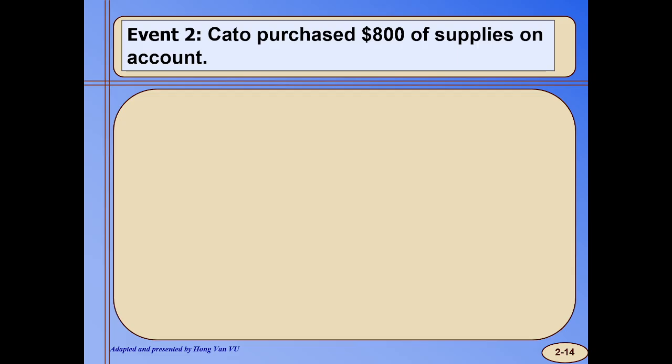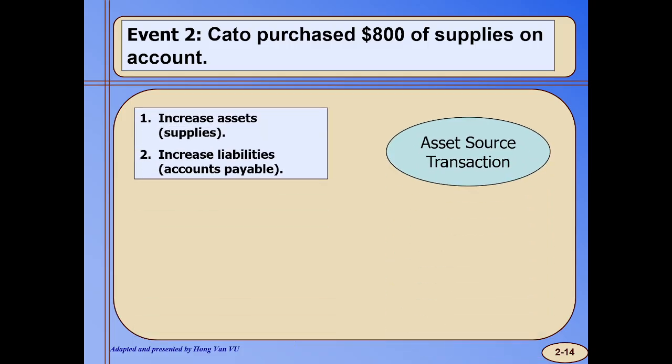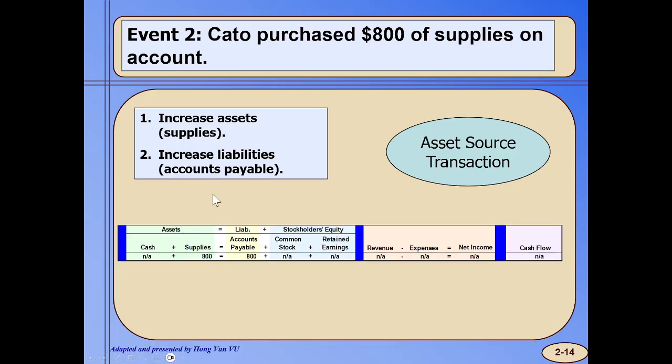The asset account supplies and the liability account accounts payable increase. Why? Because the company purchased the supplies with an amount of 800.